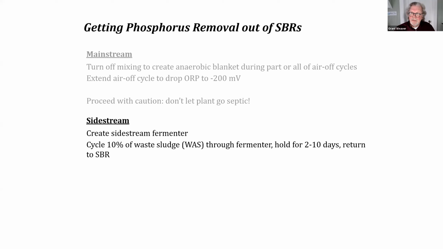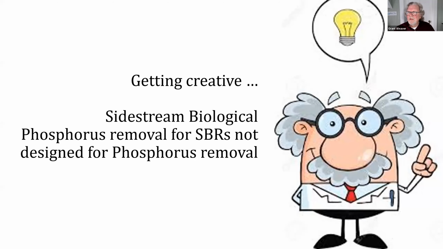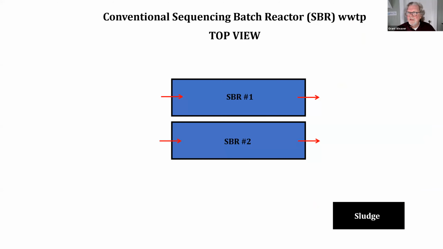The idea being that while they're in that side stream condition, out of the SBR, they're going septic. In that septic environment, we're creating volatile fatty acids, and the volatile fatty acids are being consumed by the phosphorus removing bacteria, which you have to cultivate and grow, per one of the earlier questions. And then with time, you are reseeding your own plant and developing a good population.